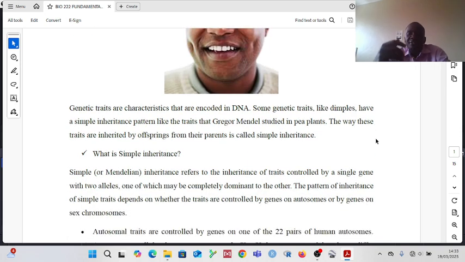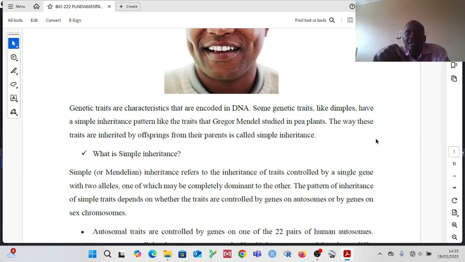When you have a trait, for the case of these dimples, or any other trait, if it is controlled by a single gene, and that gene has two alleles, the alternative forms, and if one of those two alleles could be completely dominant, which means once it appears, it masks the other.